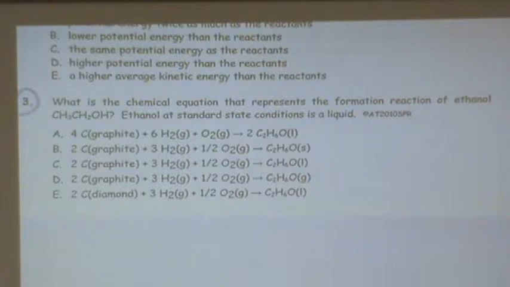Well, yeah, because otherwise you don't. Maybe some people don't know. Okay? So it says liquid, right? So you see solid and liquid gas, so you have to choose that one. Right? Standard state conditions, ethanol is liquid, so then you choose what? So the answer is C.